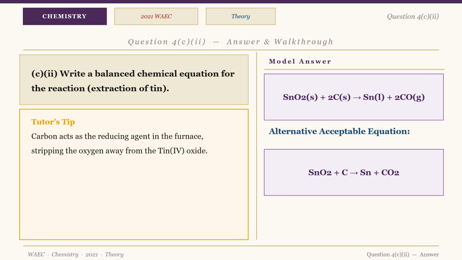Or alternatively, this is another acceptable equation, so we just reduce the moles. So it's still SnO2 solid plus carbon solid, which will give us tin liquid molten form plus CO2. But this one, instead of carbon monoxide, we have CO2, carbon dioxide. So here carbon acts as a reducing agent in the furnace, stripping the oxygen away from the tin 4 oxide.